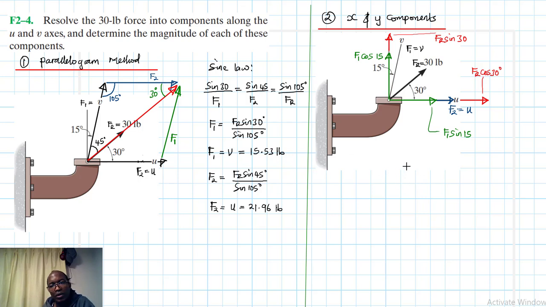So what we need to do now is sum them up so that we make U, F1 and F2 subject of the formula. We are going to draw a table like we've always done. We have F, the X component, and the Y component.